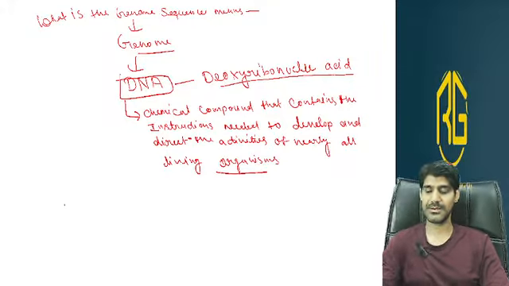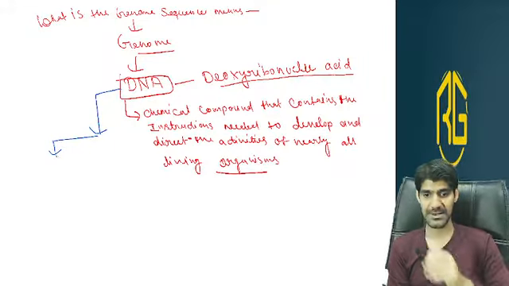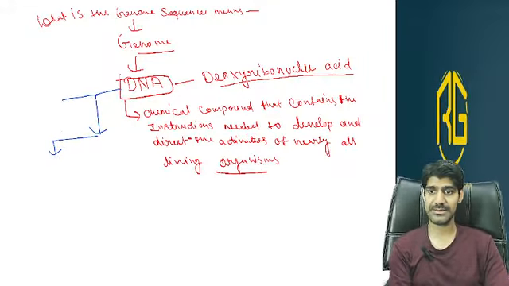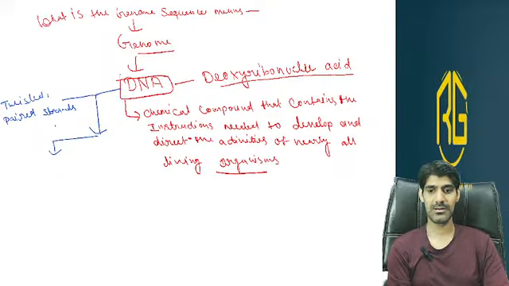DNA is made up of twisted, paired strands. There are two paired strands.